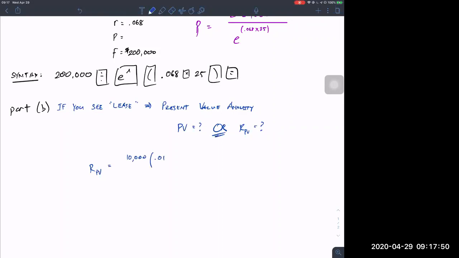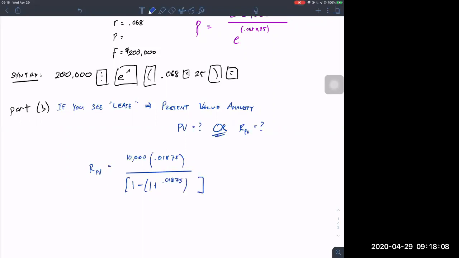$10,000.01. 7 divided by 8 again. 875. Minus 1 plus 0.01875.